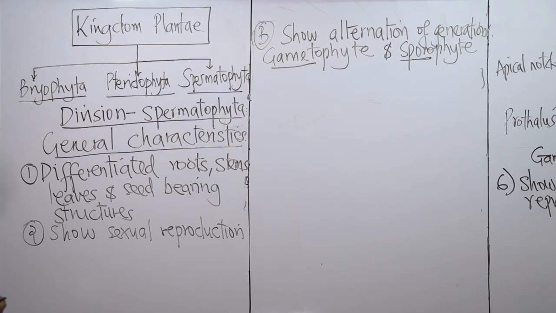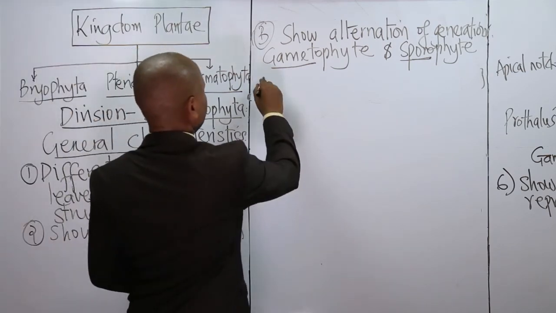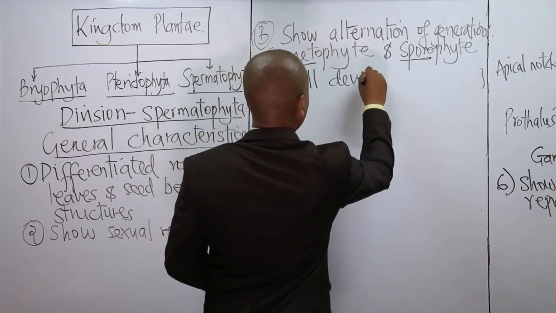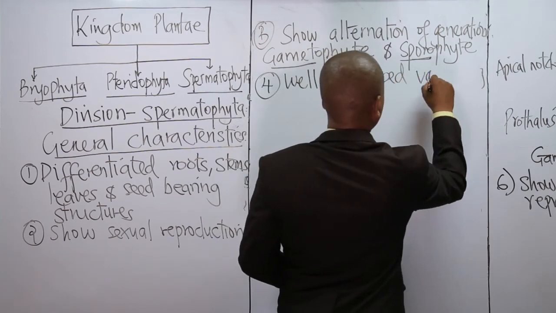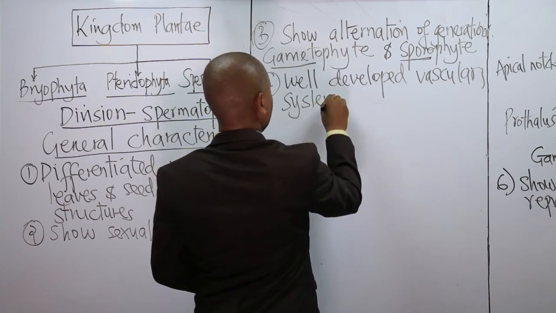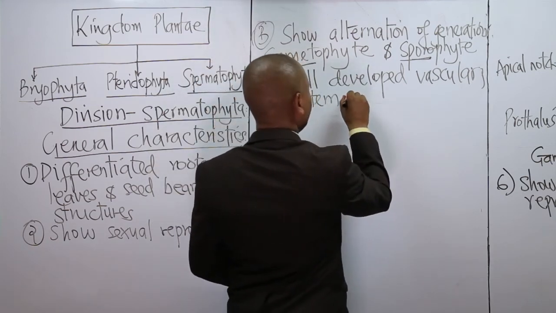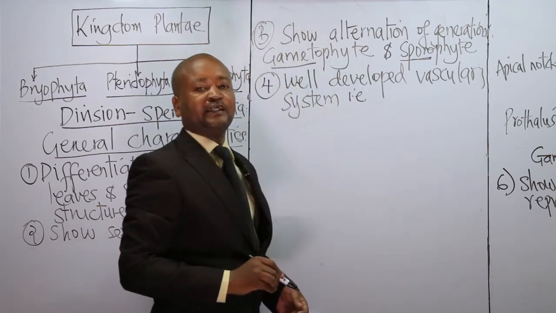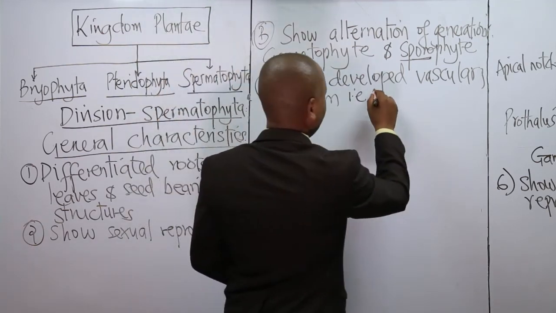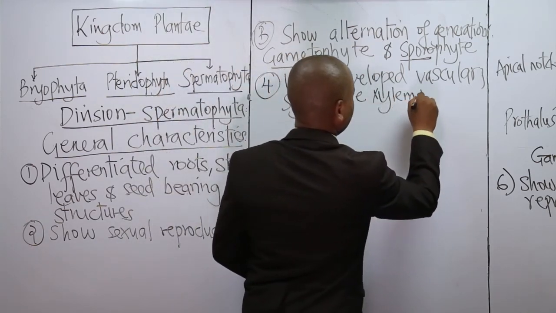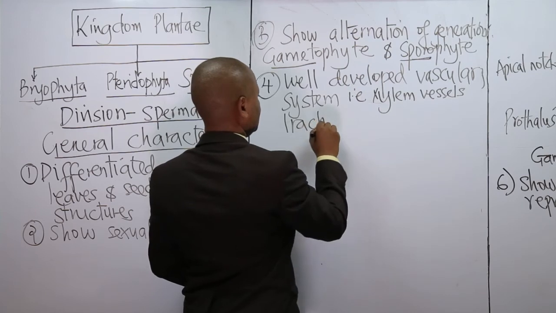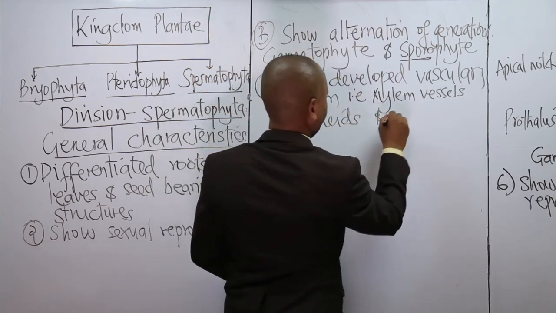Then they have a well-developed vascular system. When you say it is well developed, it means it has vascular bundles, and besides that, it has xylem vessels, tracheids, and phloem.